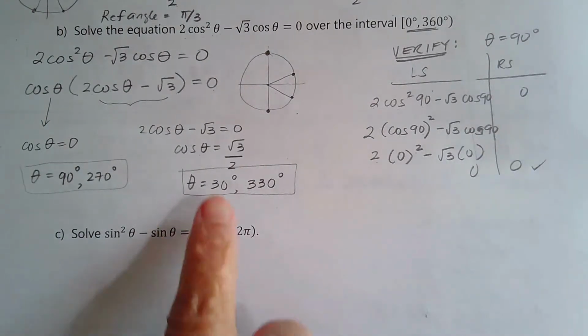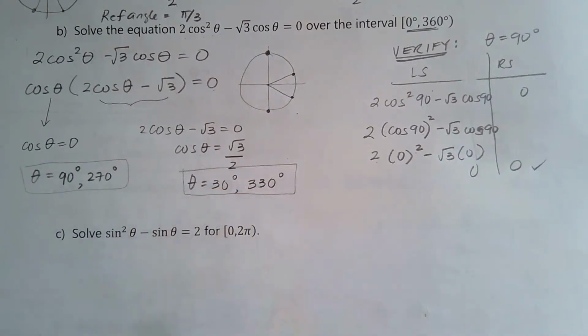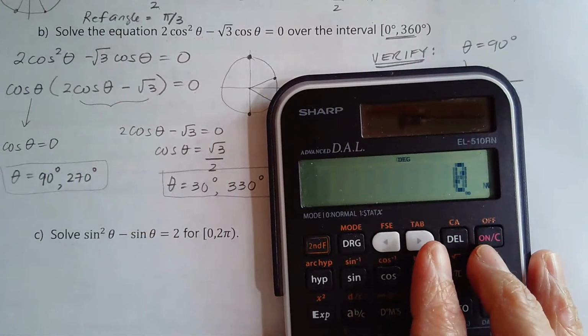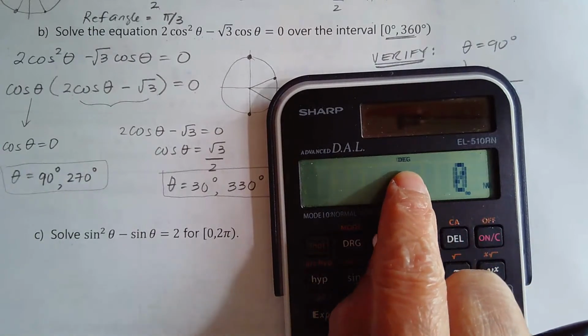Okay. Now I'm going to pick something from here. Okay. I'll show you how to do that on a calculator. So make sure that your calculator is in degree mode.